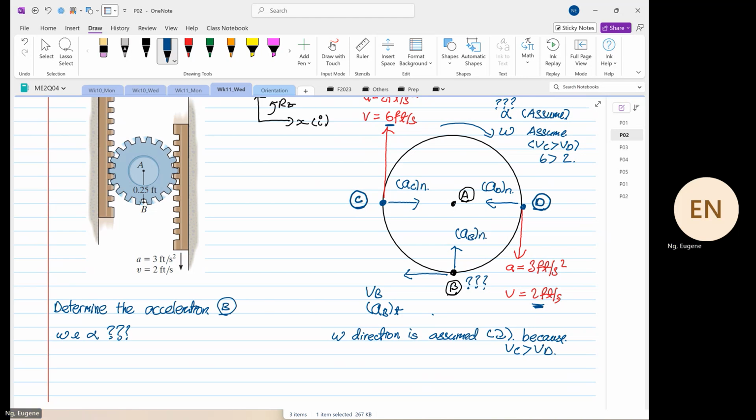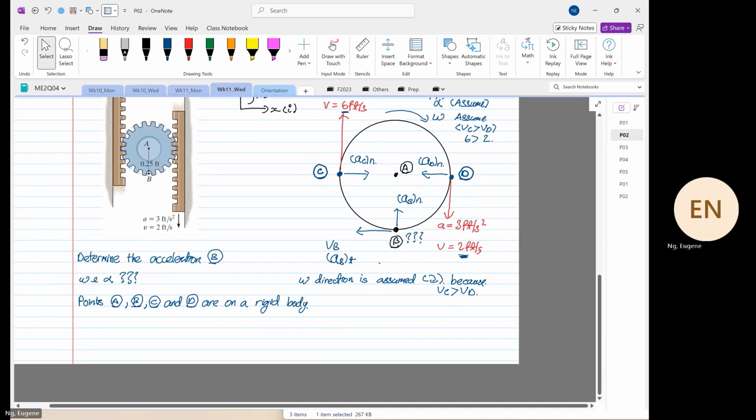So the best way to determine alpha and omega is that we know we have a rigid body with points A, B, C, and D on a rigid body.